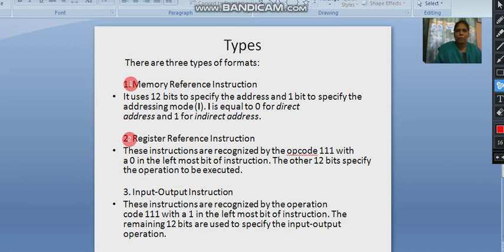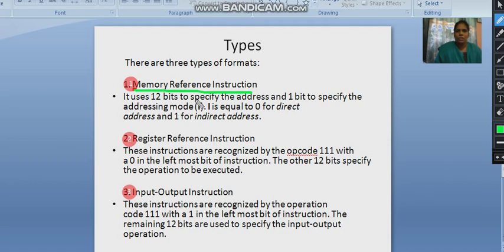This is the second type, register reference instruction, and this is the third type, input output instruction. Already we have seen that whatever kind of requirement there is, from where to where we want data transfer, on the basis of that these types are created, or different formats are there for the data transfer.